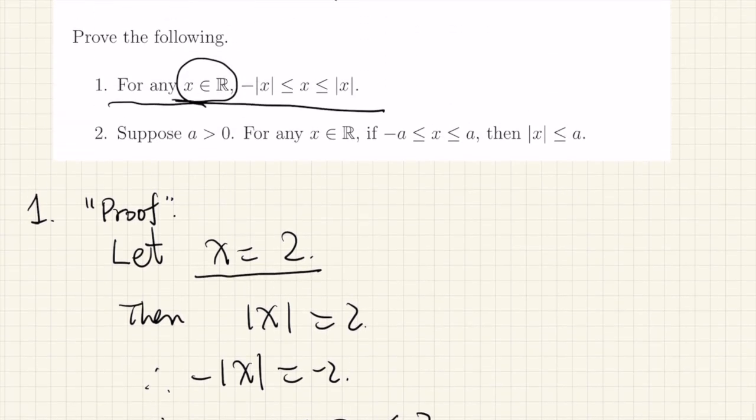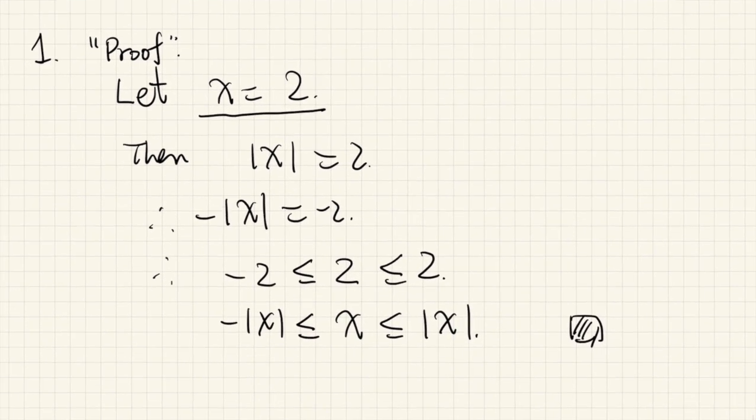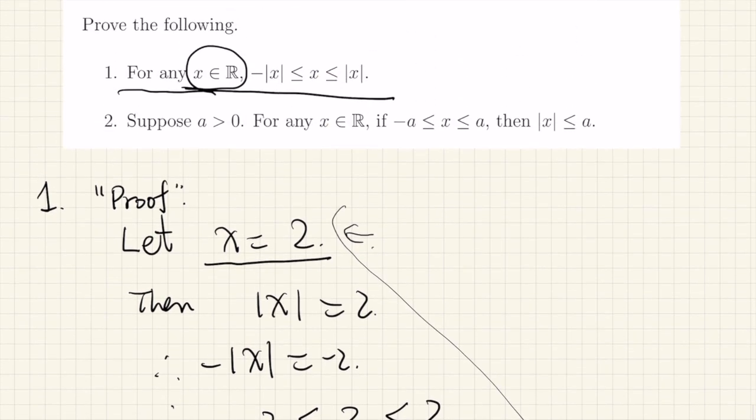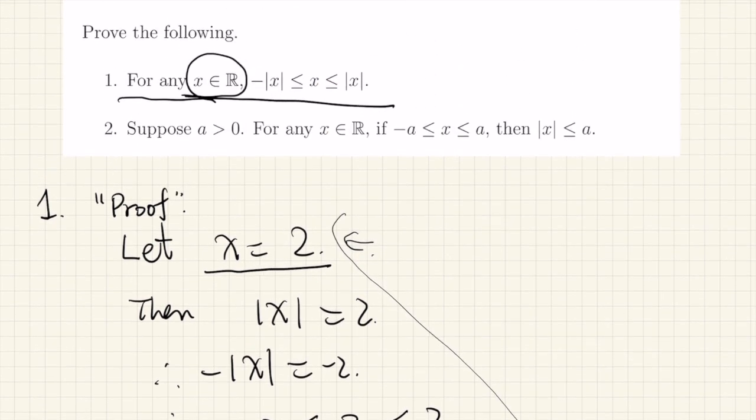As you know, there are uncountably many real numbers. We cannot prove like this. We would have to do this infinitely many times, which is impossible. So what we have to do is to prove this for any x, only using the general properties of any real number.